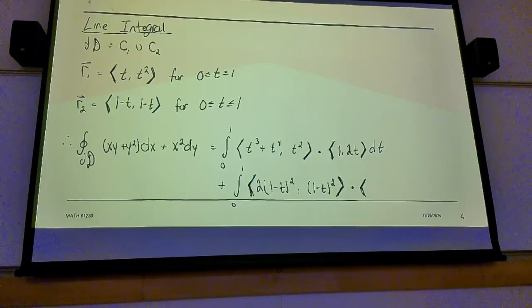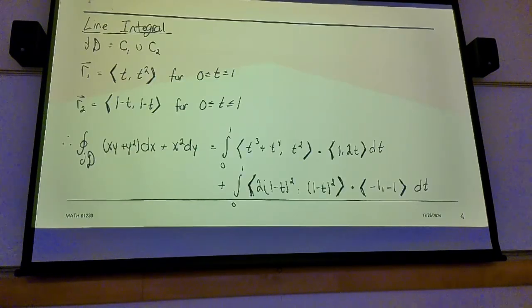Now we have to form that dot product. For the first one, that's what? t to the 4th plus 3t cubed?